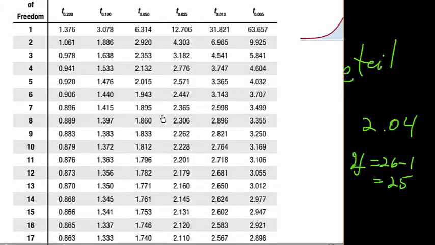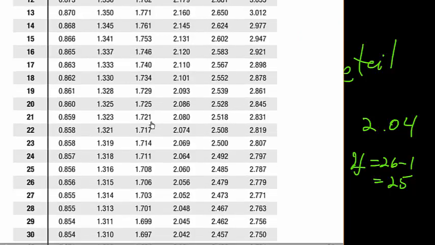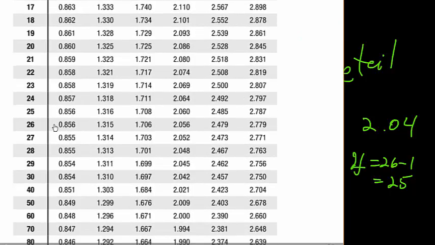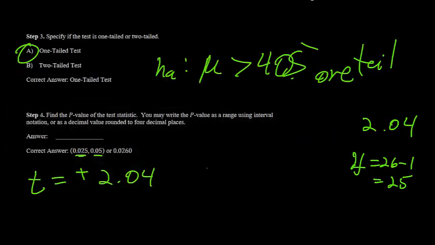So let's run this up to the top, and I get an alpha between these two, 0.025 and 0.05. At that alpha, I get a p-value of something between that, right? So my p-value is going to be between 0.025 and 0.05.